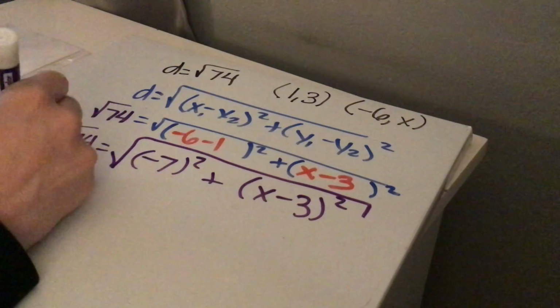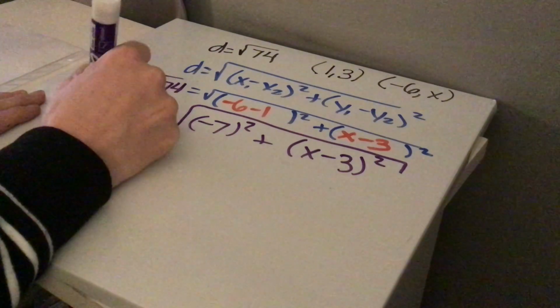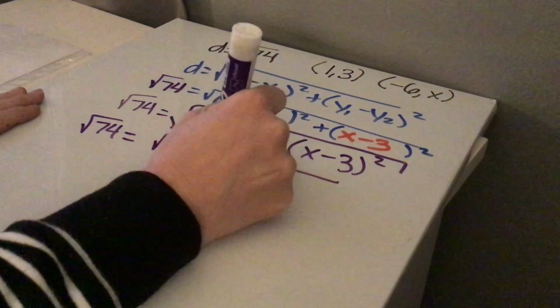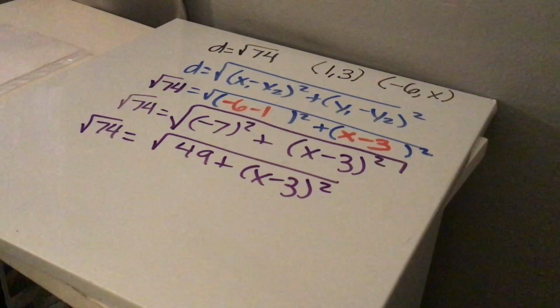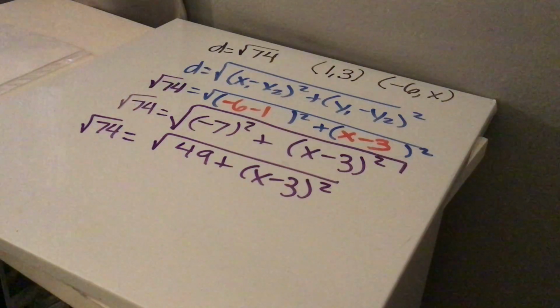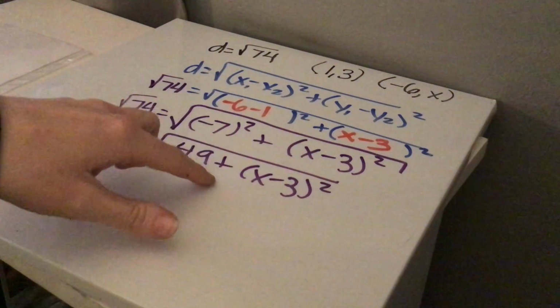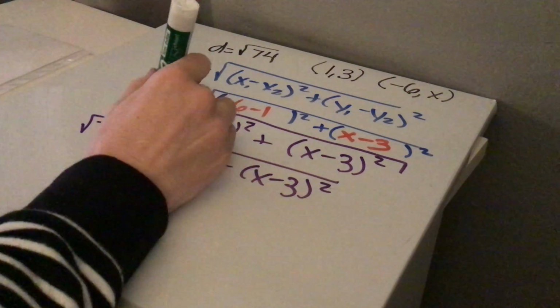So we get square root of 74 equals the square root of 49 plus x minus 3 squared. You want to get x by itself. So the first thing I would do is get rid of the radical, because you can't take the square root of this side. To undo a radical, we're going to square both sides.